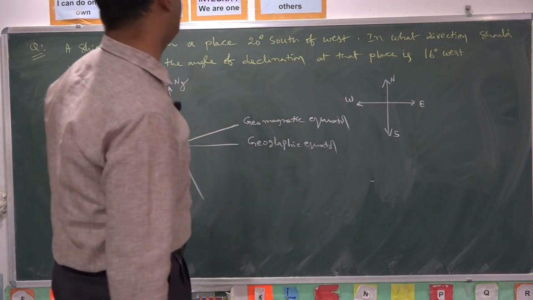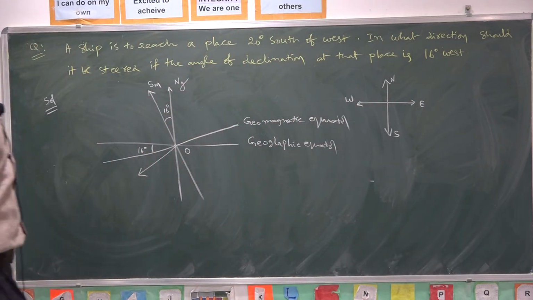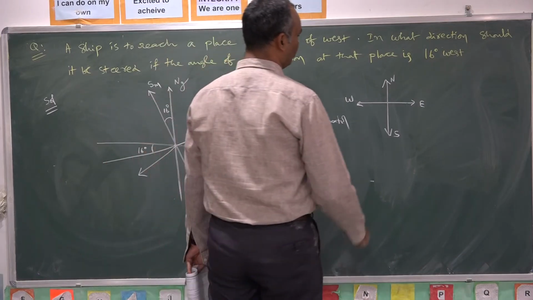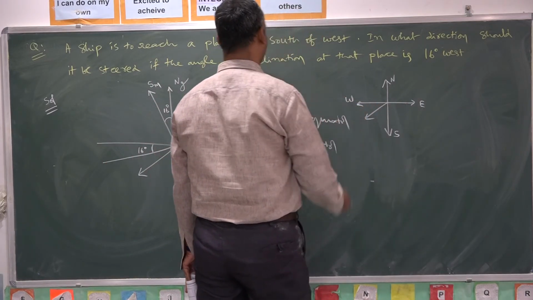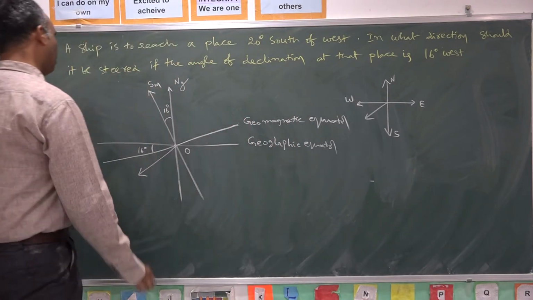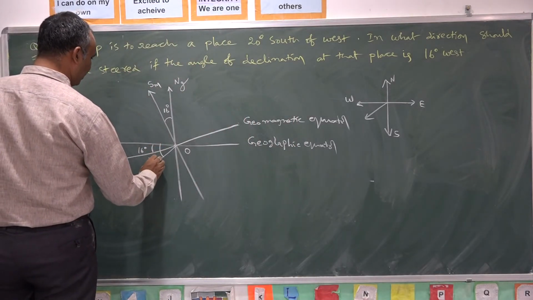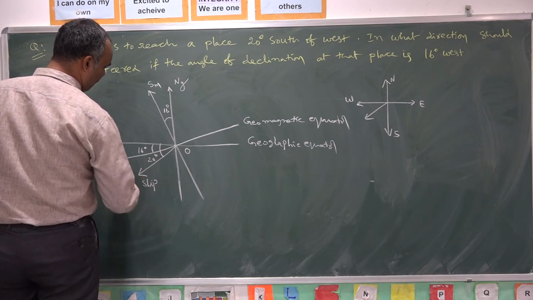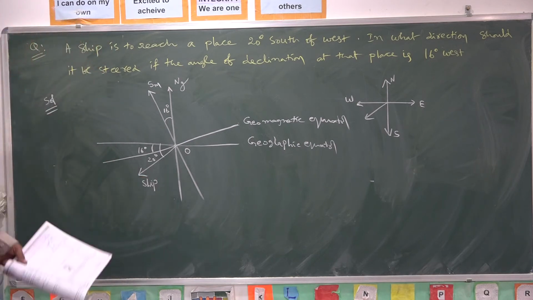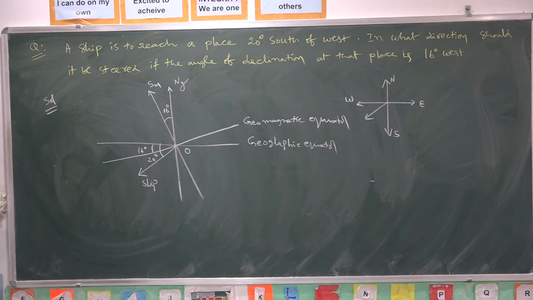The ship is to reach a place 20 degrees south of west, like this. It is the south side of west. With respect to west, it has to move through 20 degrees angle. This is the ship direction. Ship should move in that way.